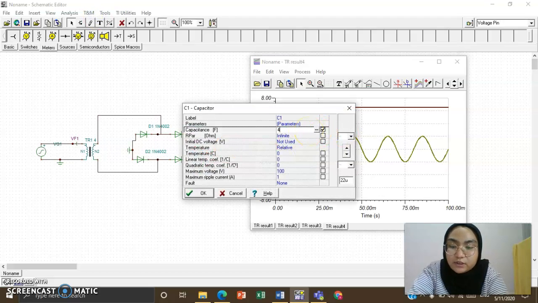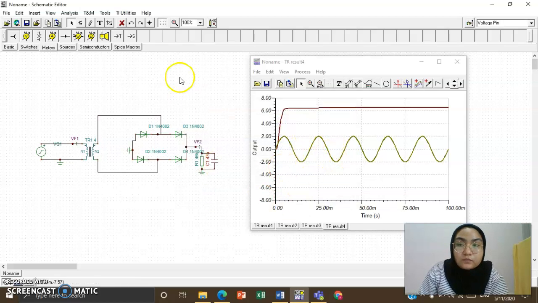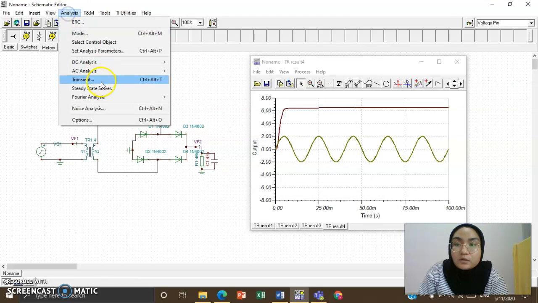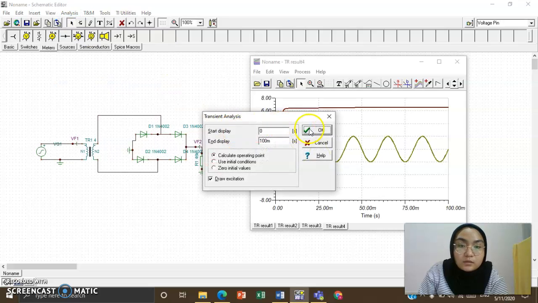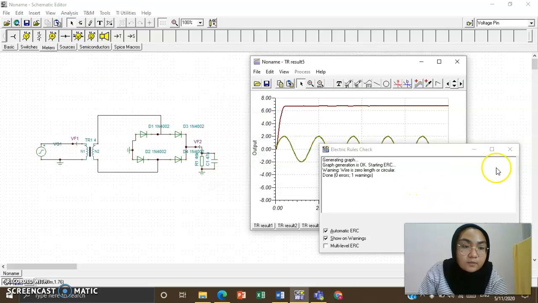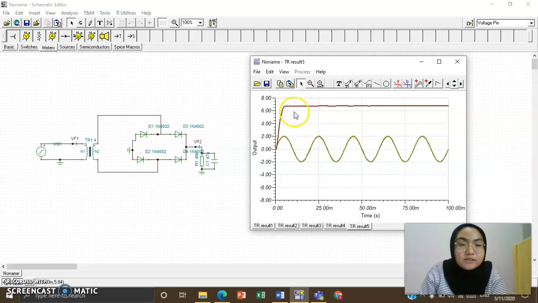Try back 47 mil. So the same output, because it depends on the ratio. When the input is 2 and the ratio is 4, it means the amplitude of the output is multiplied by 4, so 8, minus 1.4 because of the diode, so here 6.6.